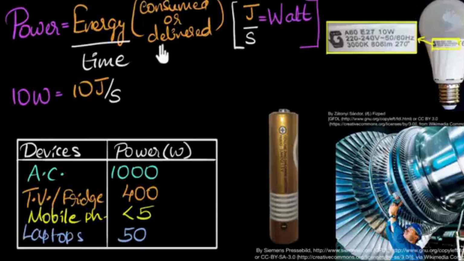And again, what I mean by deliver here is that these things convert some other form of energy into electrical energy. For example, batteries convert chemical energy into electricity, and you may learn more about that in chemistry. Generators convert rotational mechanical energy into electrical energy. And we'll learn about this fun stuff in future videos.